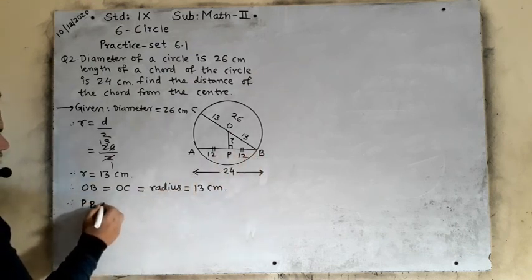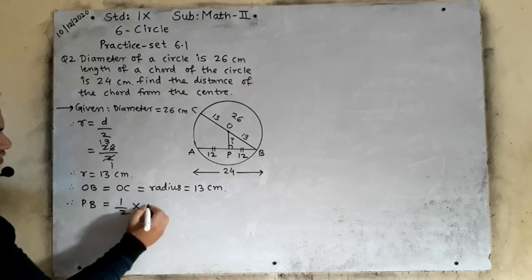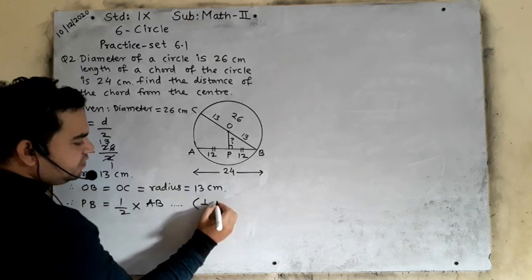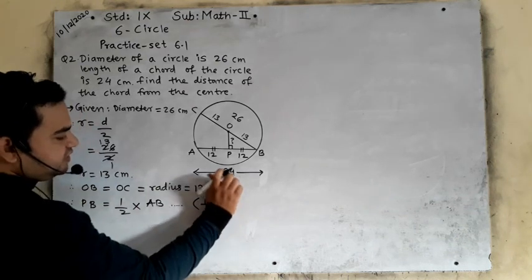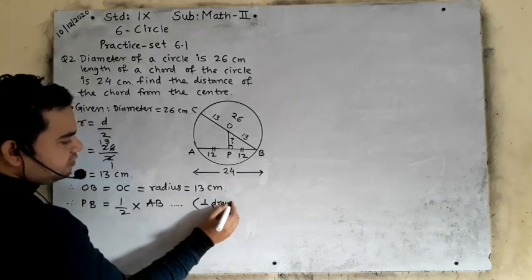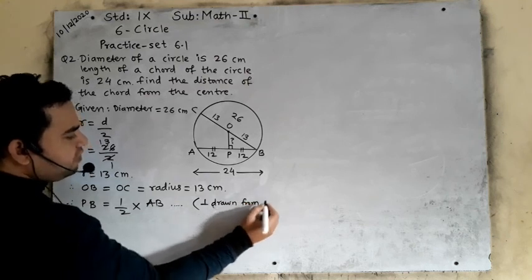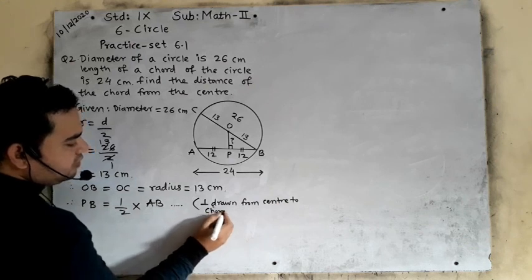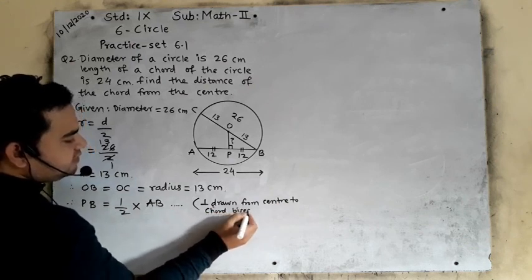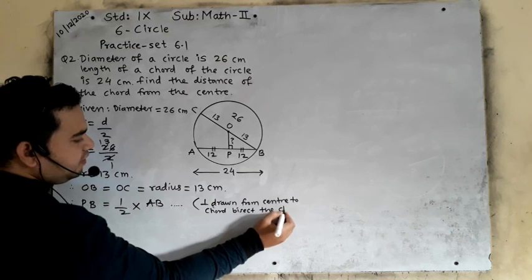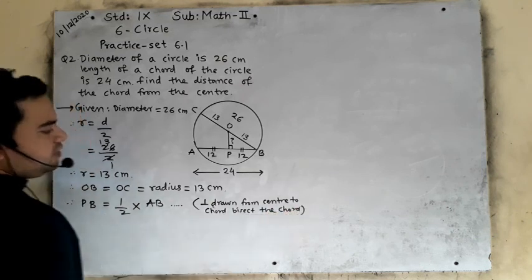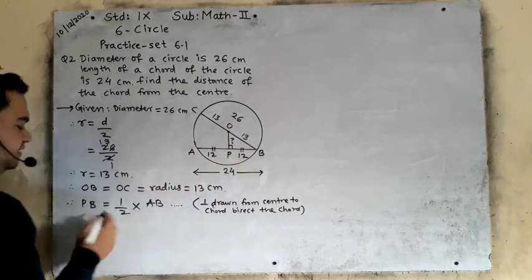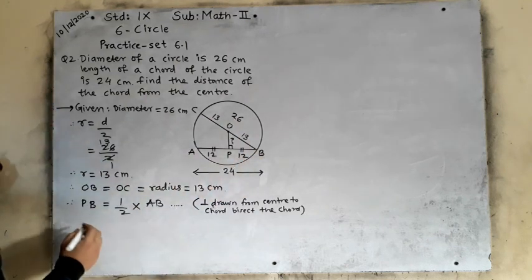PB is half of AB. Why? Because a perpendicular drawn from the center to the chord bisects the chord. Therefore, PB is half of chord AB.